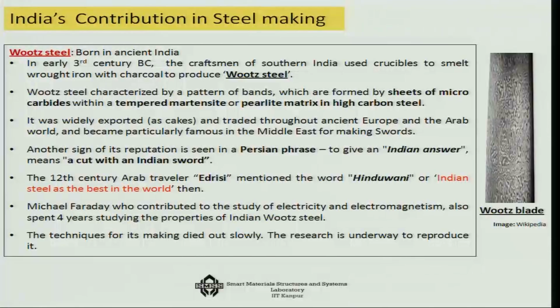It is a kind of iron composite in which you have the tempered martensite or the pearlite matrix of iron, and that actually has enhanced strength because of the sheets of these microcarbides, and the source of these microcarbides are actually the woods that are used in that process of generating the heat.